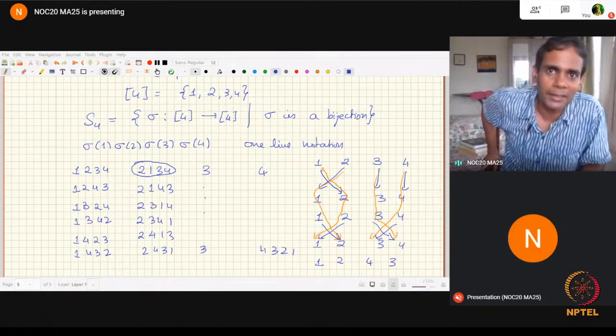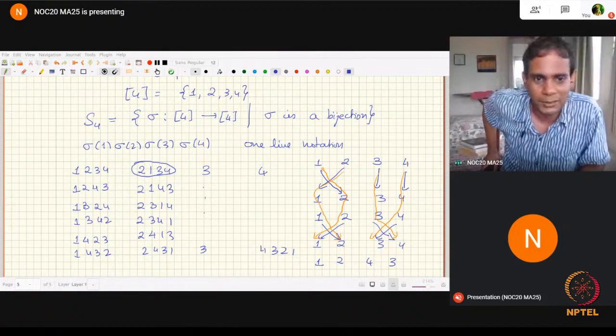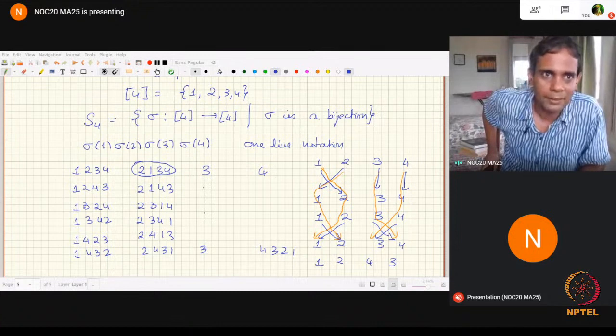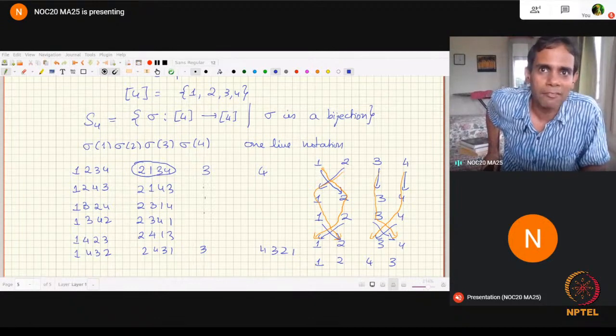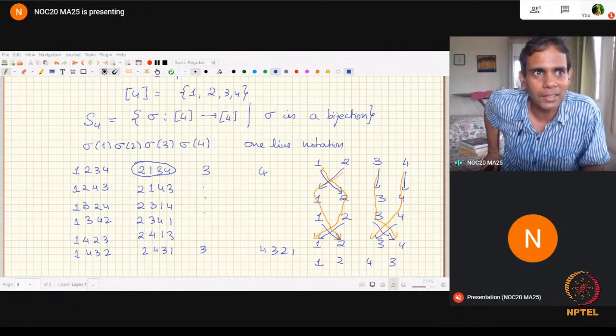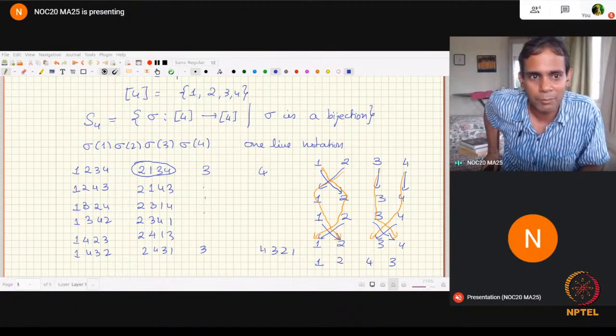In Newtonian mechanics, there's the group of rigid motions. In quantum mechanics, there's the Heisenberg group. So these groups occur everywhere. In the theory of Diophantine equations, there are Galois groups which help you solve equations or show that you cannot solve them by radicals.